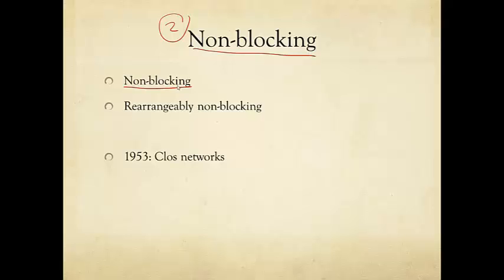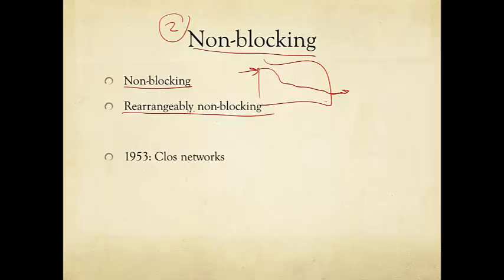There's something called non-blocking and something called rearrangeably non-blocking. Non-blocking says that for whatever traffic pattern arrives in the multi-stage network, which we're going to draw momentarily, as long as this input port and that output port themselves are available, you should be able to find a way to pass it through this multi-stage switched network. So the connectivity pattern should be able to support that.